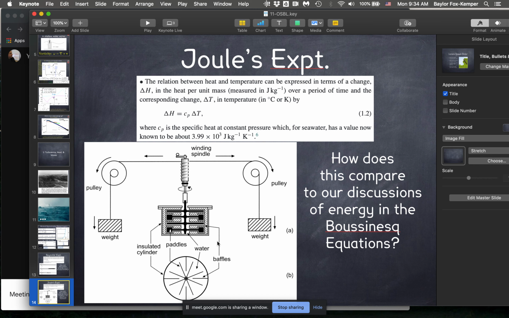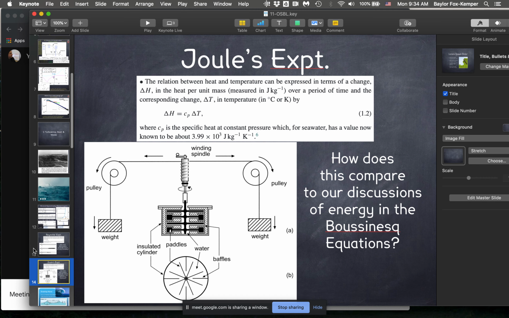That kind of internal heating requires expansion and compression in a way that the Boussinesq equations show us is not very important. So it's important to think about there being energy in the temperature, but we'll have to think in a more sophisticated way when we have a stratified fluid about potential energy and mechanical energy, not only internal energy and mechanical energy. I hope that makes sense to everybody.